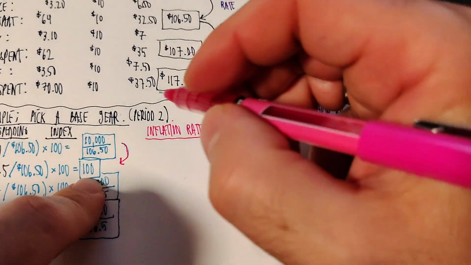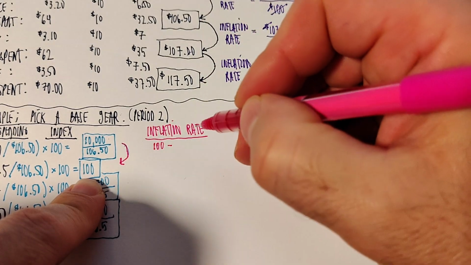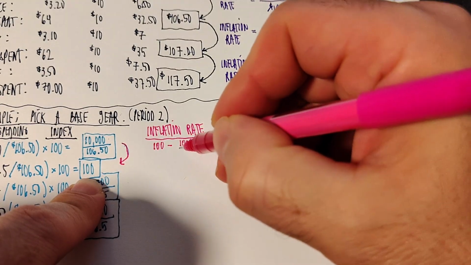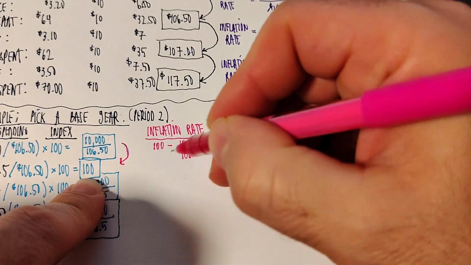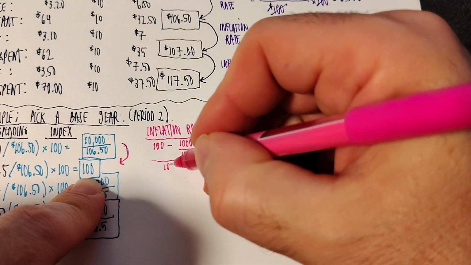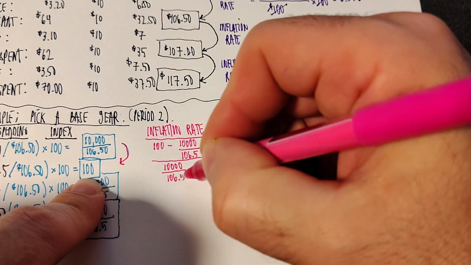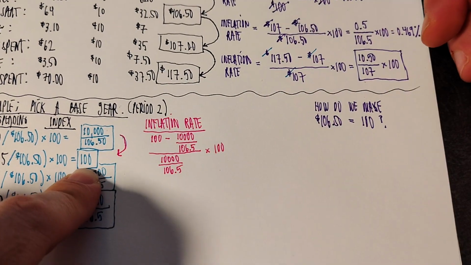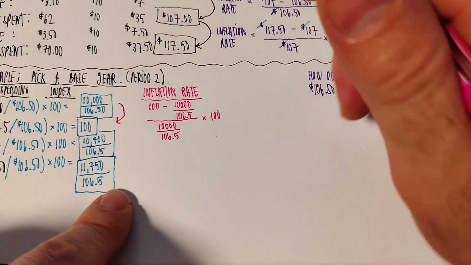We've got 100 minus 10,000 over 106.5, divided by 10,000 over 106.5, times 100.